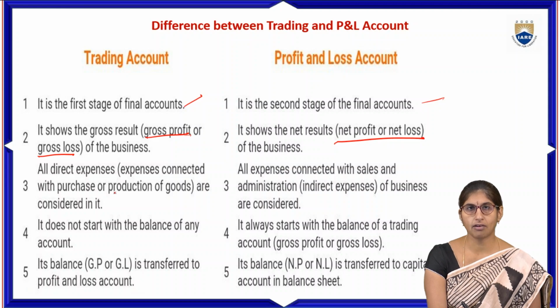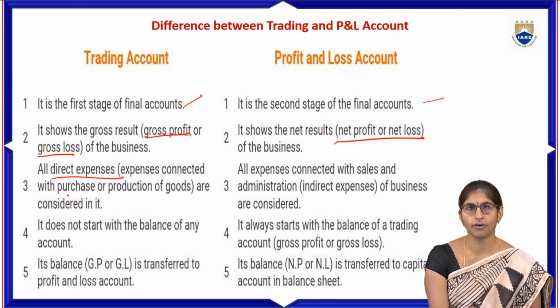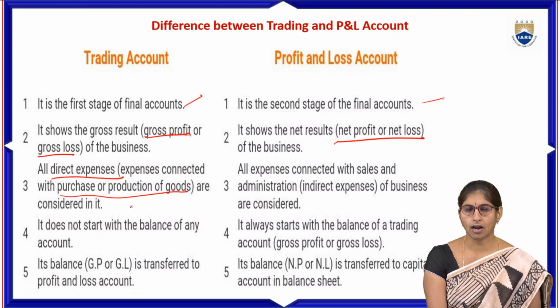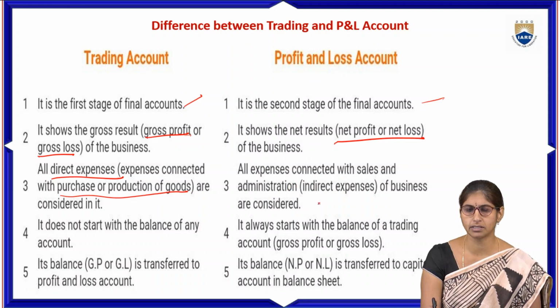And in trading account, we are going to record all the direct expenses, and only those which are trade related or factory related expenditure or income will be recorded in the trading account. In the profit and loss account, we are going to record all the indirect expenses or the general and administrative expenses or the incomes.